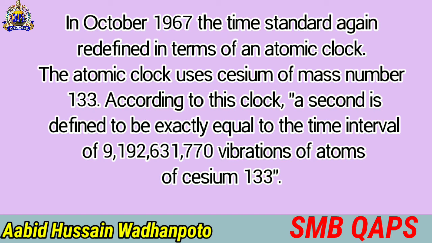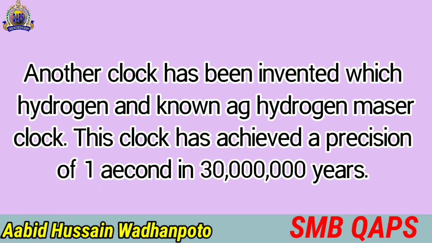So for that purpose, they tried to define it more and more precisely, and it was likely to be used all over the world. But another clock was invented which uses hydrogen, known as the hydrogen maser clock.